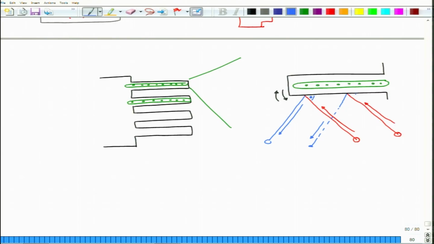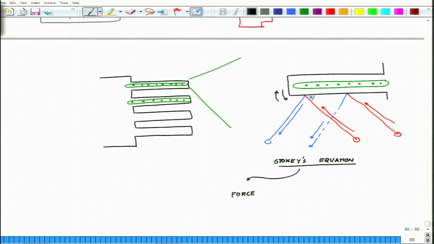Based on that angle, there is something called, please look into the literature on this, Stoney's equation. Stoney's equation is more than 100 years old now. Stoney's equation will help you to calculate the force that is being generated out there.